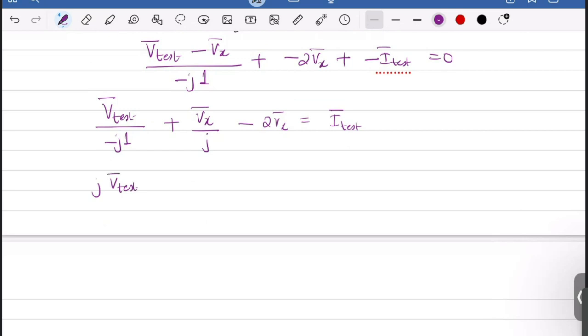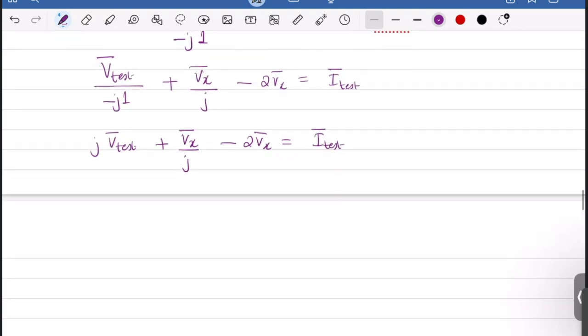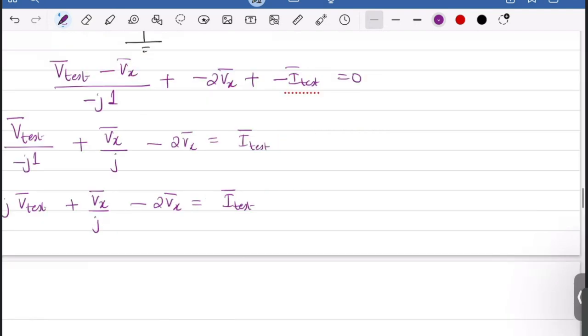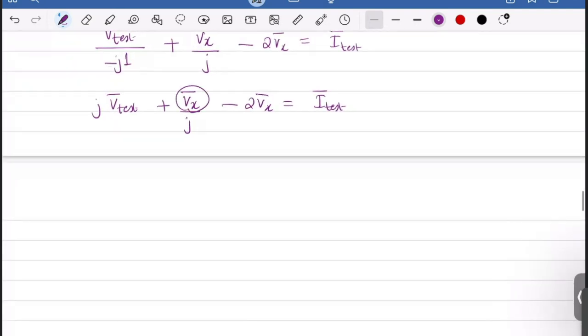Multiplying numerator and denominator with j gives you j V test plus Vx by j minus 2Vx is equal to I test. Now Vx you obtained as j times V test, so you can replace Vx with j times V test.